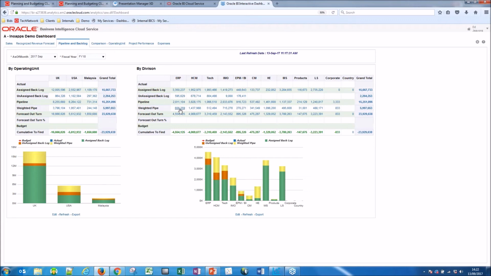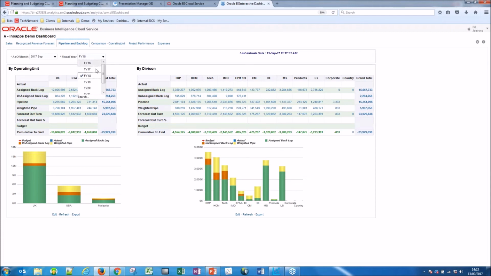Then we've got weighted pipeline, i.e. we take any of that CRM data or that PBCS data and we apply a win factor to it. What's the probability of us winning project X? And that's what that weighting therein is. And then we've got a forecast outturn, which is an aggregation of the actuals plus the backlogs plus the weighted pipe. And that gives us a forecasted outturn to budget.